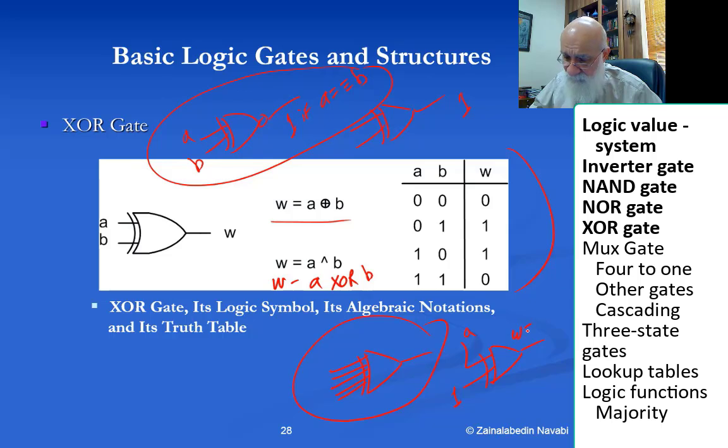W is A bar if B is 1. Otherwise, W is A. If B is 0, then just send the A through, which is a controlled inverter.